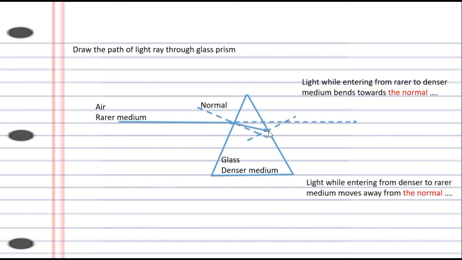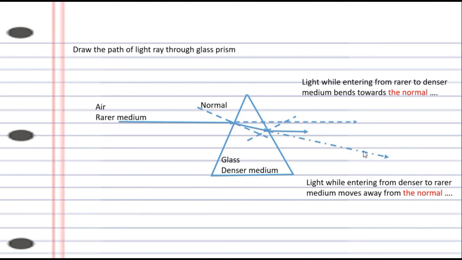Now, we know that light, while entering from denser medium to rarer medium, it should move away from the normal. This is the normal. Let us first find out what is its original direction. This is its original direction. Now it has to go away from the normal.